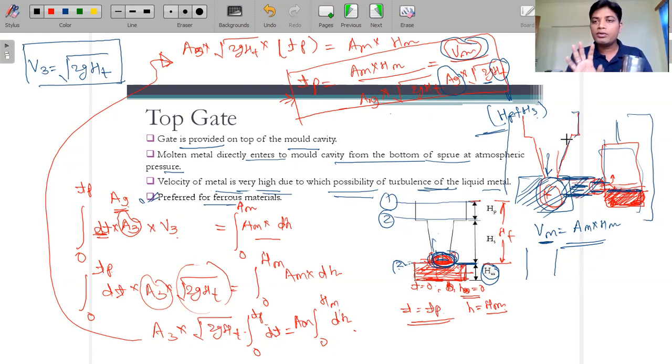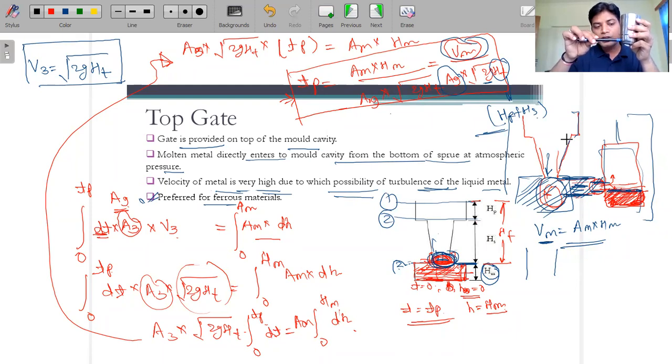If we are talking about the top gate, it simply means we are filling the mold cavity like this, pouring like this, because whatever molten material comes out through this sprue or pipe is directly depositing inside the mold cavity. If we are talking about the bottom gate system, this complete mold cavity is like that, and this is the pipe, sprue or runner.